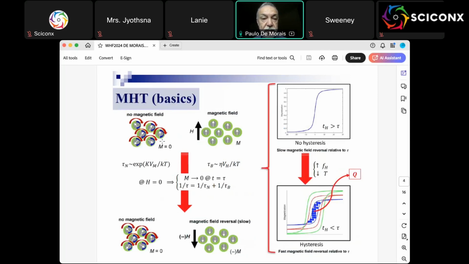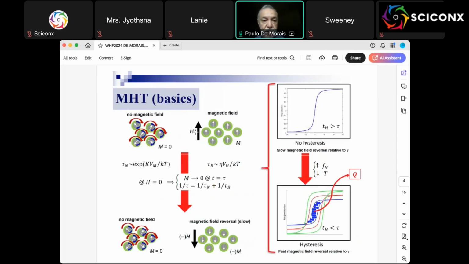Because the magnetic moments of the nanoparticles align randomly, and so they cancel each other. However, if you apply an external magnetic field, all the magnetic moments align with the external field, and then the net magnetization is not zero. If you shut off the magnetic field, the magnetic moments will relax back to the random orientation.